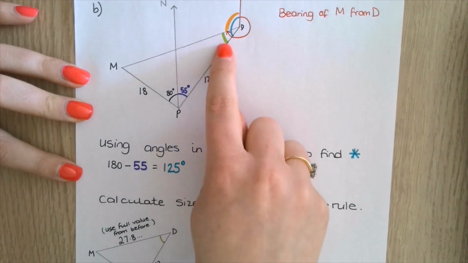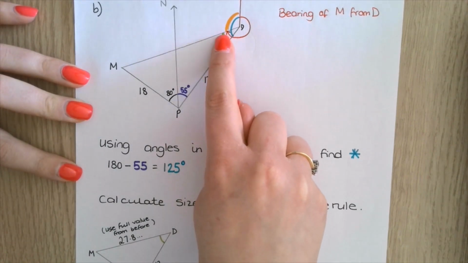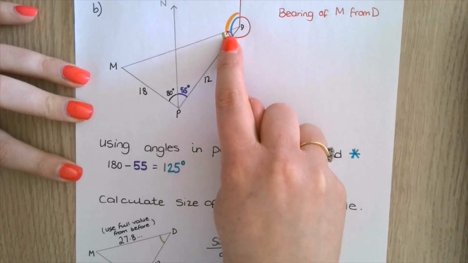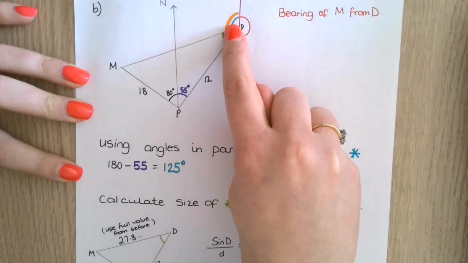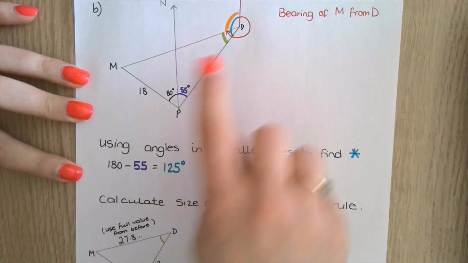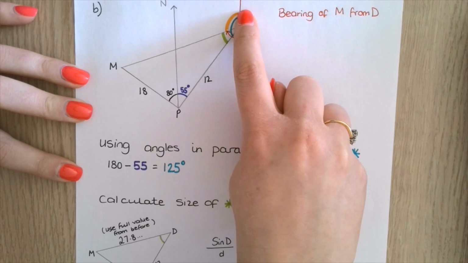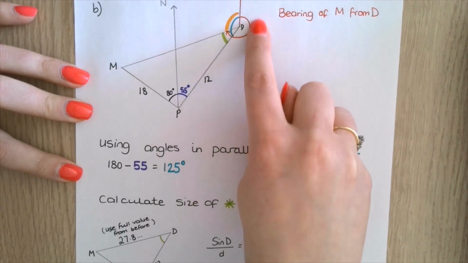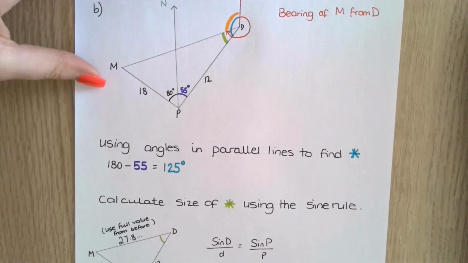Now what I need to do is work out the value of this angle, because I can then work out the value of the orange part, which is the blue part take away the green, and once I know that orange part, I can just take that away from 360, which will give me my leftover bit of the bearing.